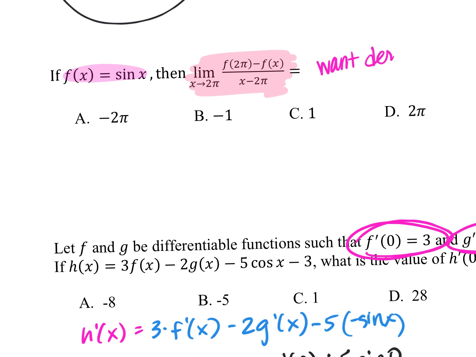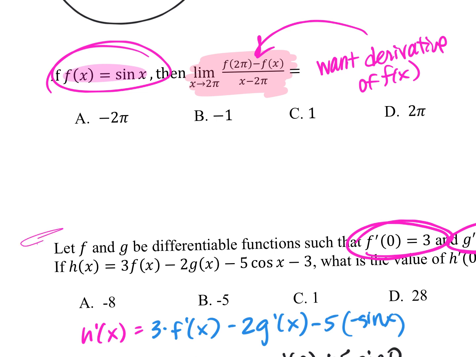This is saying they want the derivative of f of x. But they gave us f of x, which is so nice. But in AP, they're wondering, do you know that that's the formal definition of the derivative? And I switched those around, you guys. I sure did switch that around. Okay, let's just focus on, this is asking for the derivative.